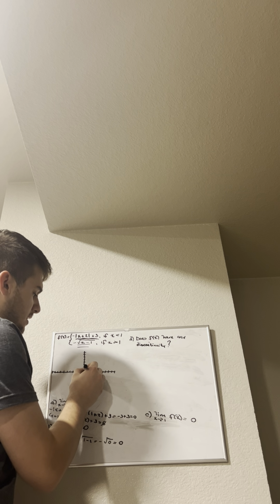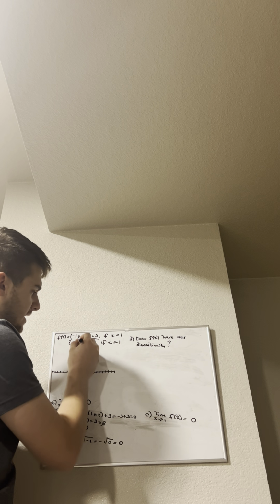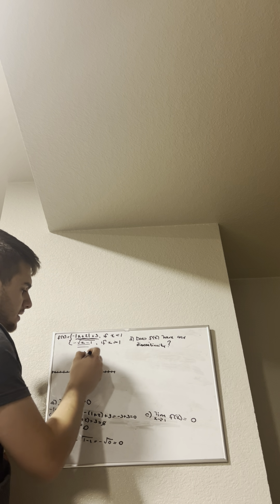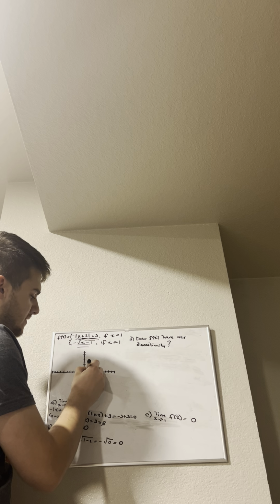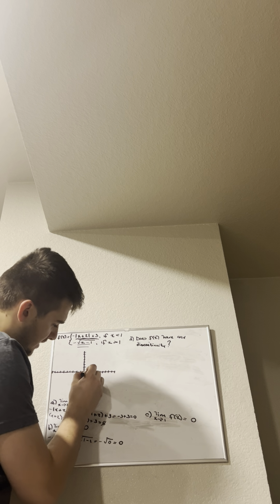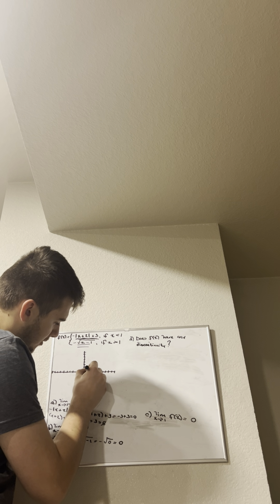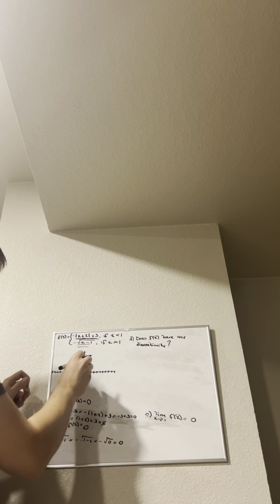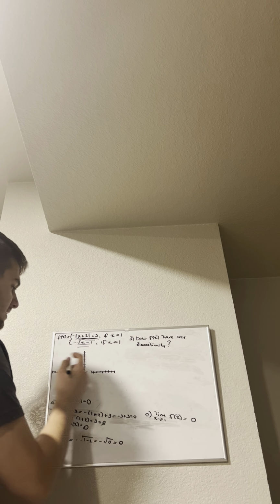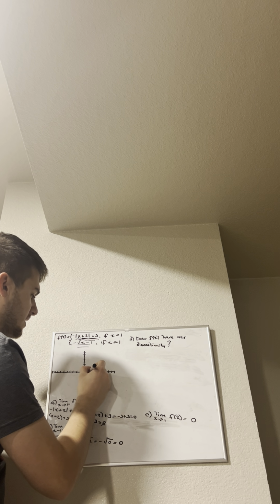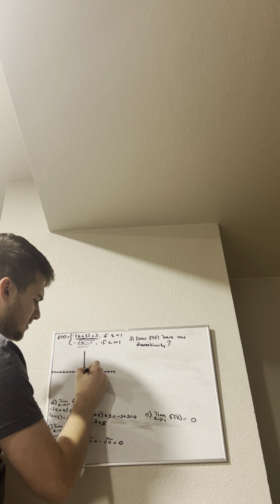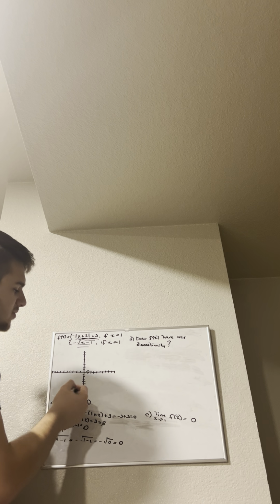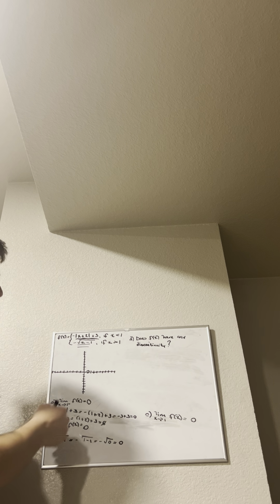So the point's going to be (1, 0). But since 1 is not defined, this is going to be a removable hole in this case. Let me rewrite it real quick, just draw a big circle. It's going to be a removable hole because 1 is not defined in this case.